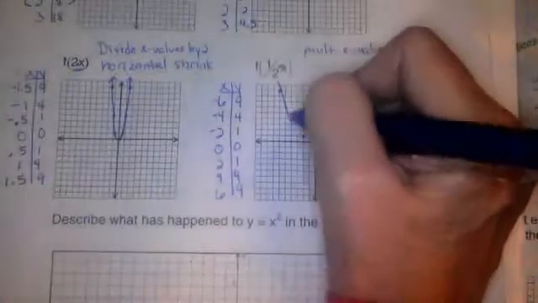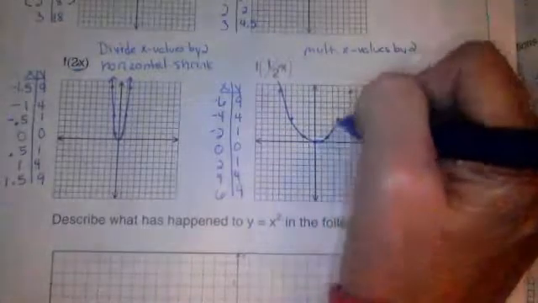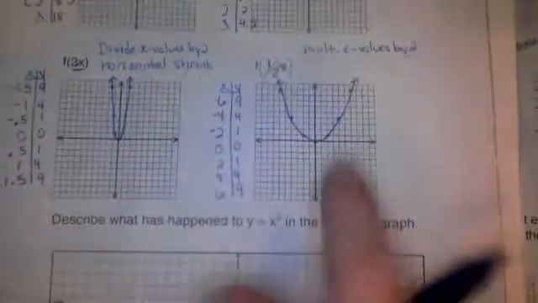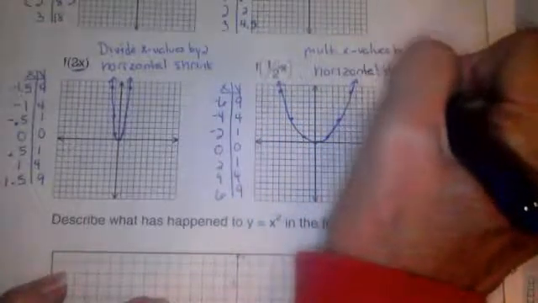And that one got a whole lot wider. So what we did there, again, was a change to the x's. So it's a horizontal change, and it pulled it out. So this is called a horizontal stretch.